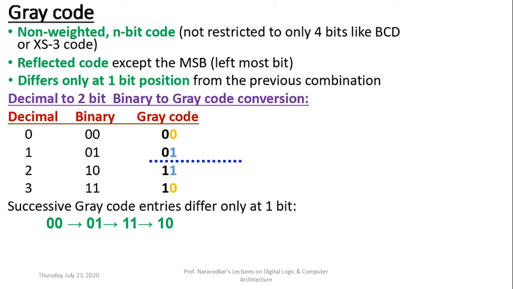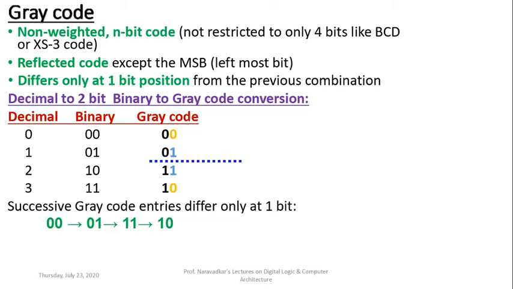Now here, within that gray code representation, there are 4 entries. Put a plane of reflection in between, that is, between decimal 1 and decimal 2. It means 2 entries will be above that reflection plane and 2 will be below.